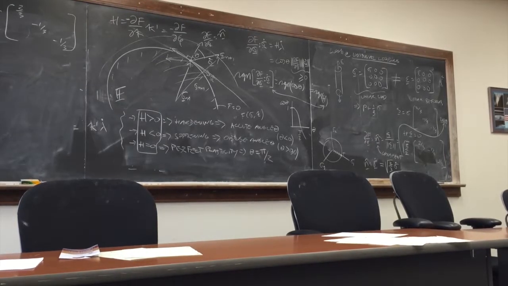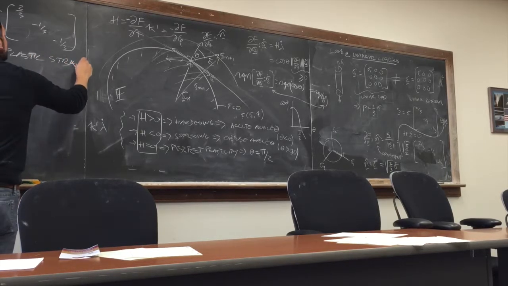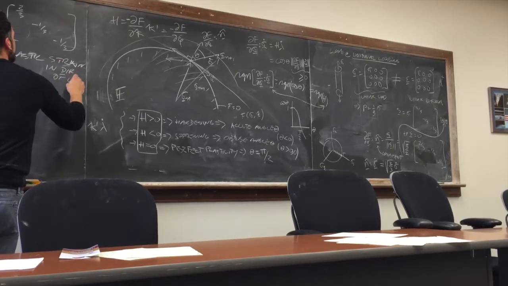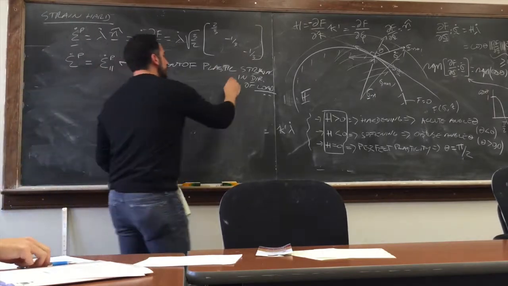In the uniaxial loading model, when the model says epsilon dot p, remember, it really implies the component of plastic strain in the direction of loading. Okay, in other words, in the direction of sigma.